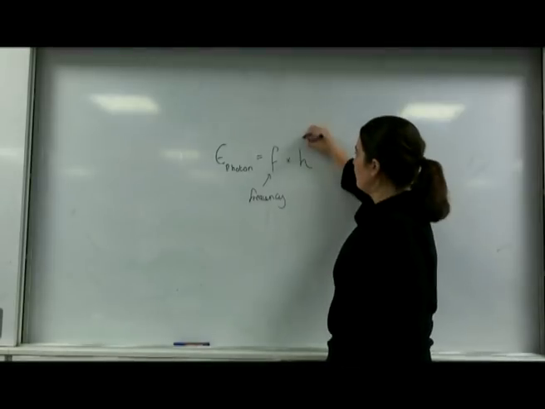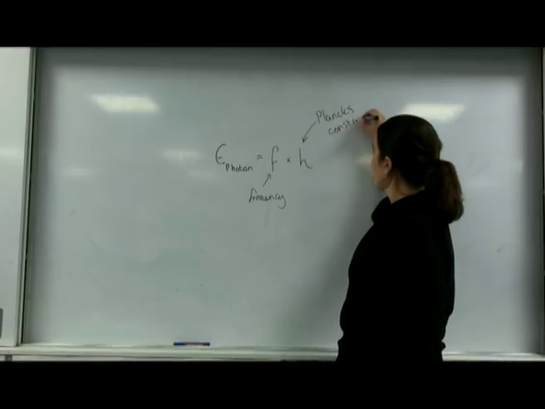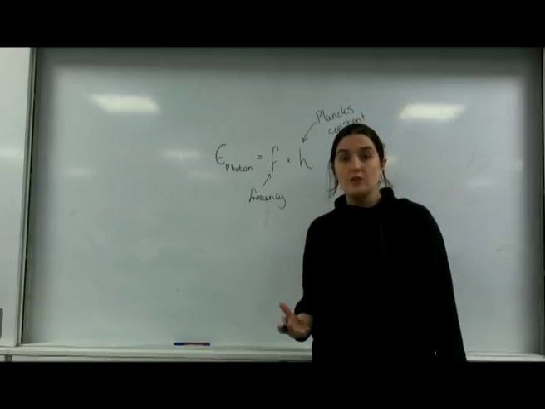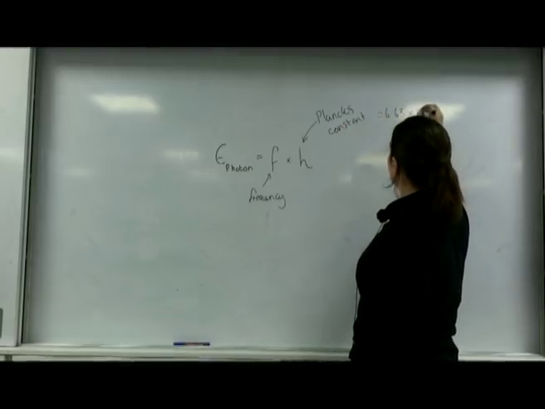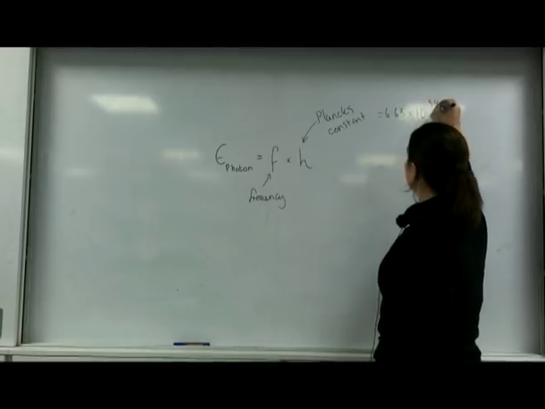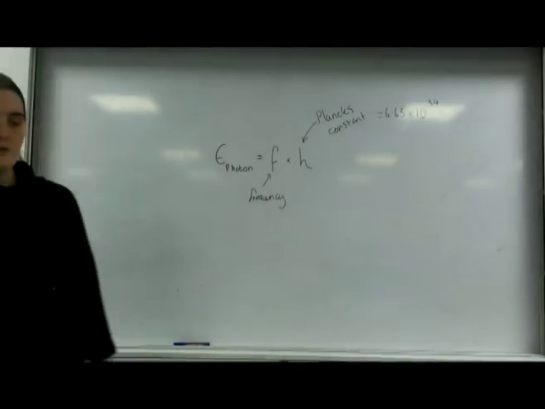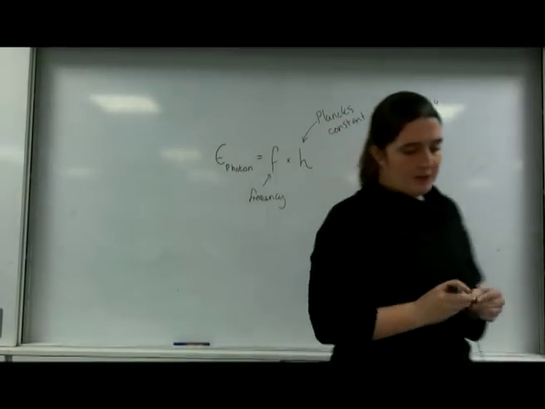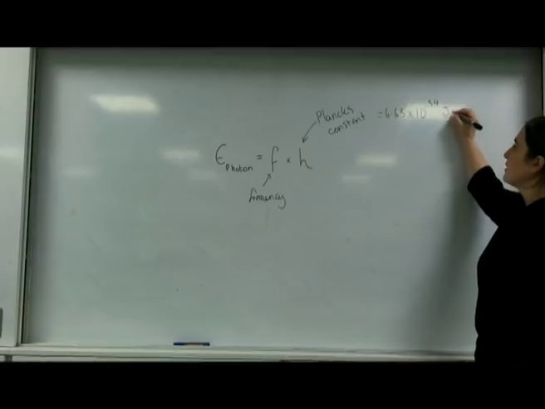And this h is known as Planck's constant, which in your data sheet is 6.63 times 10 to the minus 34 joule seconds.